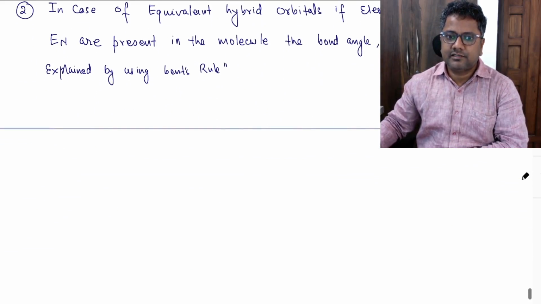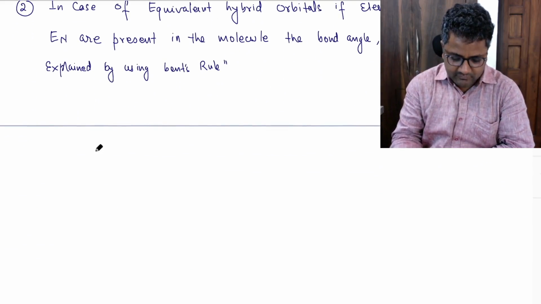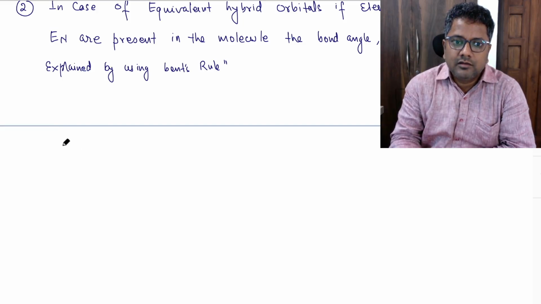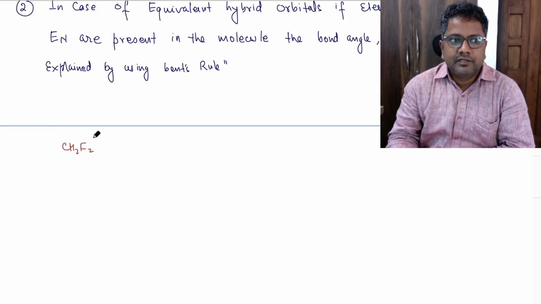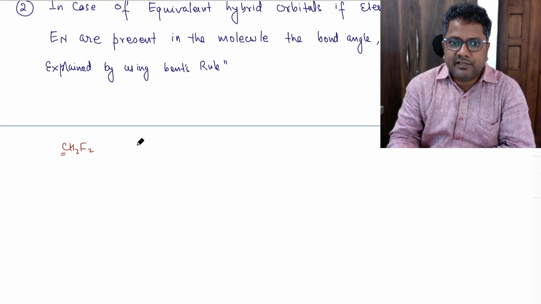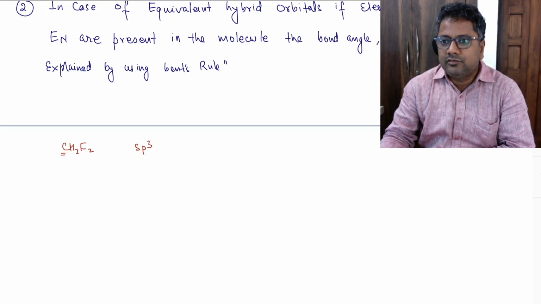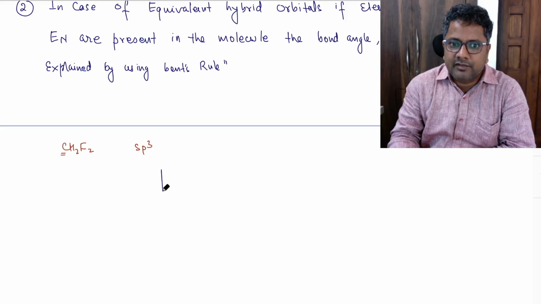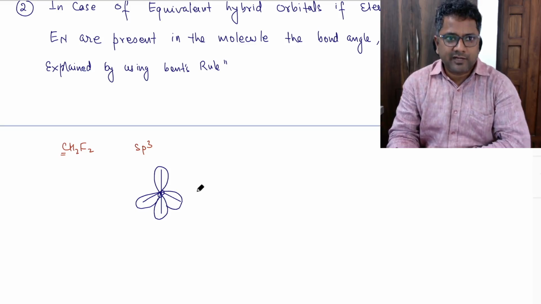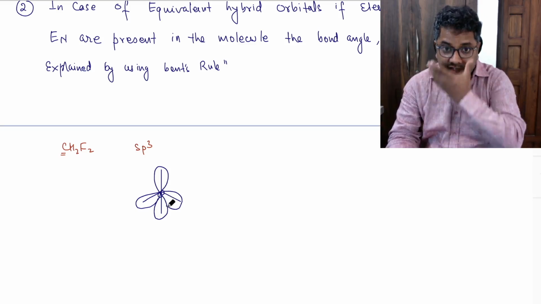So suppose we have CH2F2. In this case, the carbon is sp3 hybridized, and you know these 4 sp3 hybrid orbitals ideally are all equivalent with respect to their shape, size, orientation, and s and p character.